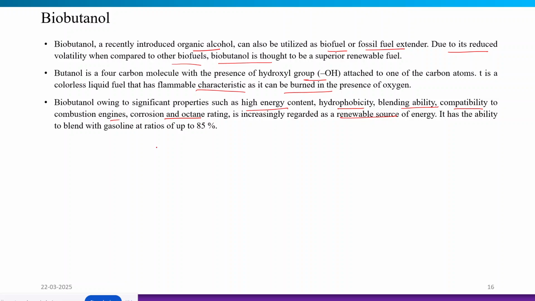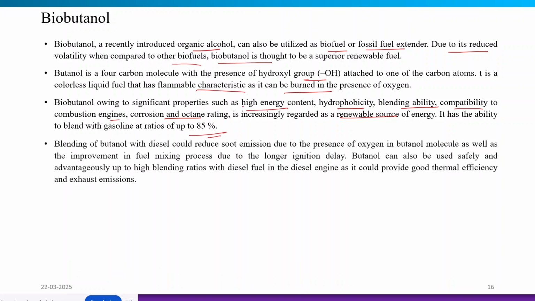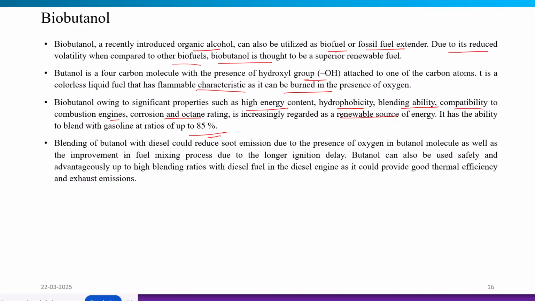It has the ability to blend with gasoline at a ratio of up to 85%, just like bioethanol. Blending biobutanol with diesel could reduce soot formation due to the presence of oxygen in the butanol molecule, as well as improve the fuel mixing process due to the longer ignition delay.